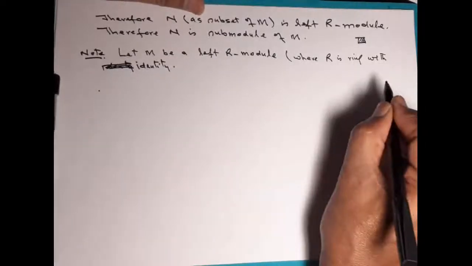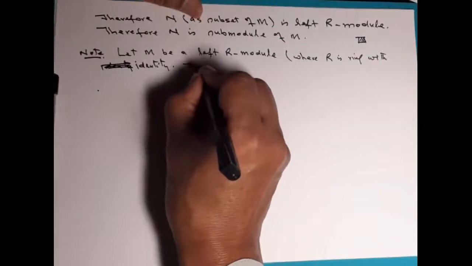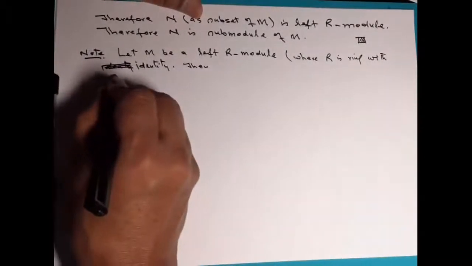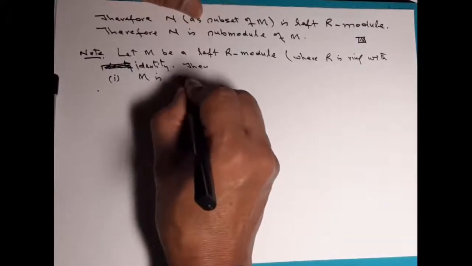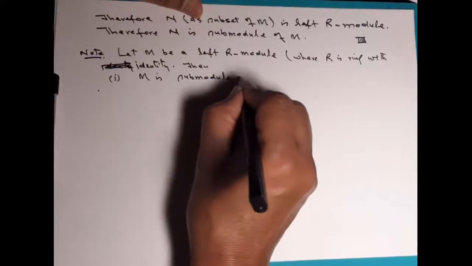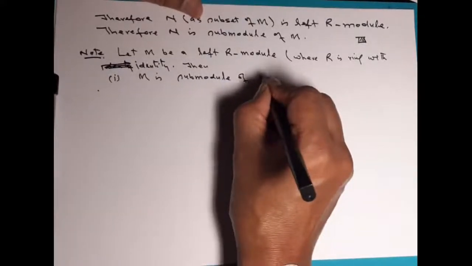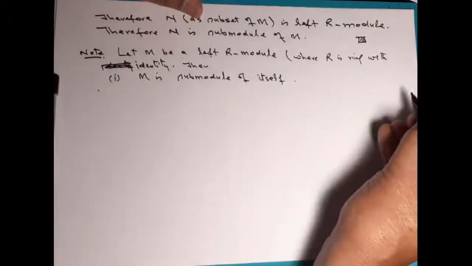Then note that, number one, M is a submodule of itself. Every module is a submodule of itself.